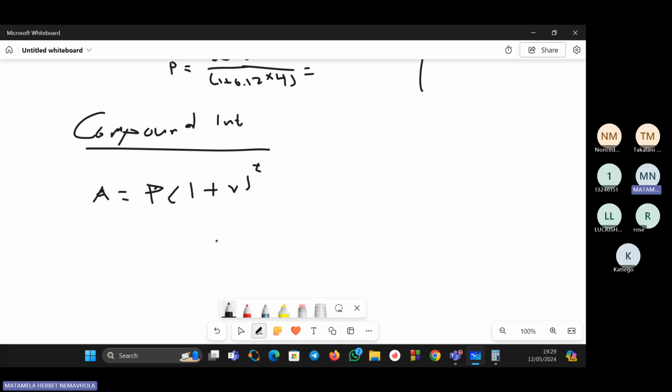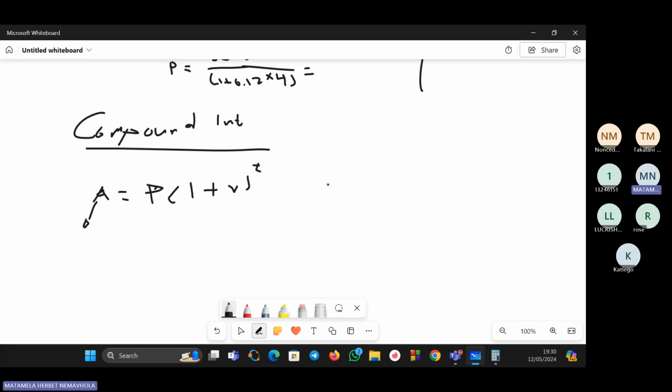So you will be asked to calculate the accumulative amount. The question will be very specific to you. They will tell you, calculate the accumulative amount if you invested this amount and then the bank decided to give you maybe 14% for 4 years. How much in 4 years? How much are you going to have? The moment a question says in 4 years, how much are you going to have? It means that you are going to calculate what?